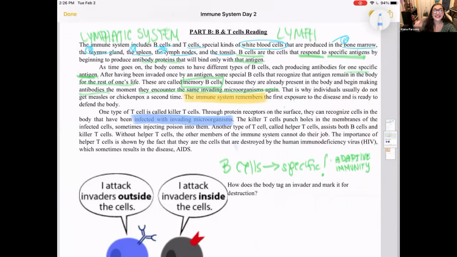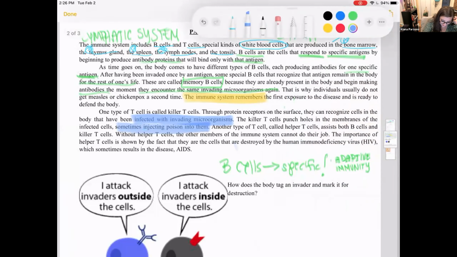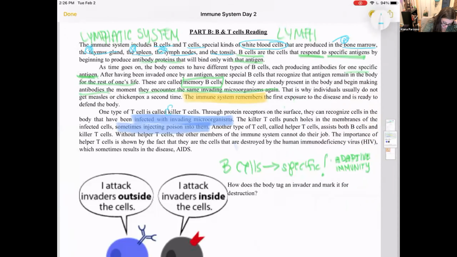They go and they attack the membranes of those infected cells, sometimes injecting poison into them, hence killer T cells. So they're just like, there's a problem, yo, I'll solve it. I'm there.